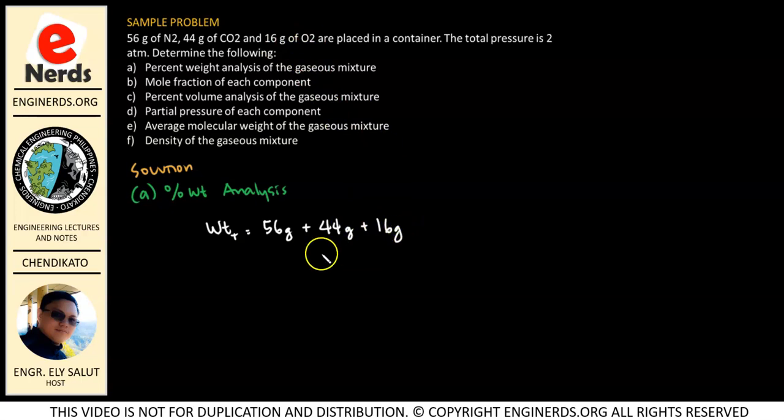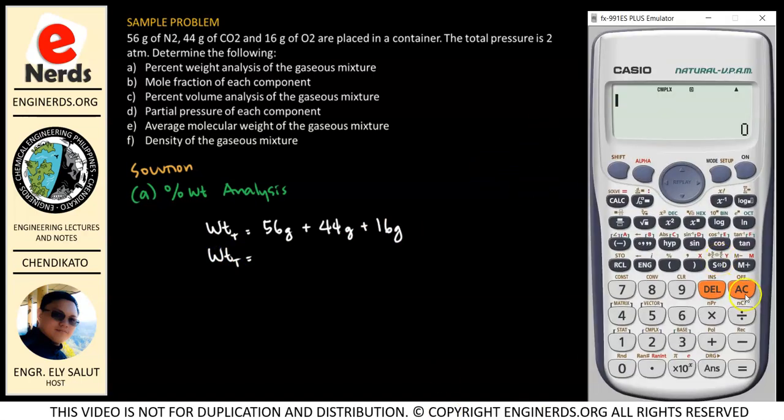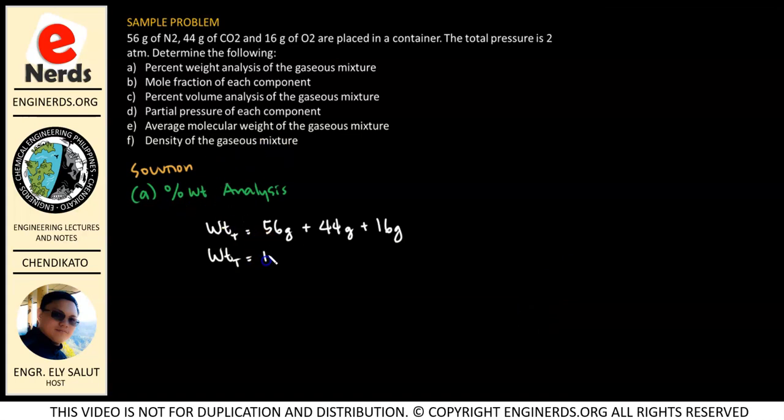Let us add all of that: 56 plus 44 plus 16 is equal to 116 grams. So, kailangan natin makuha yung percent weight analysis. First, let us get the percent weight of our nitrogen.